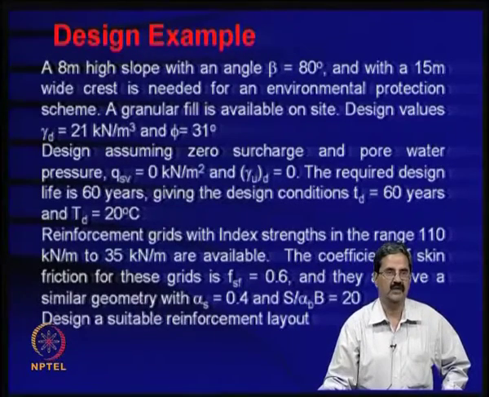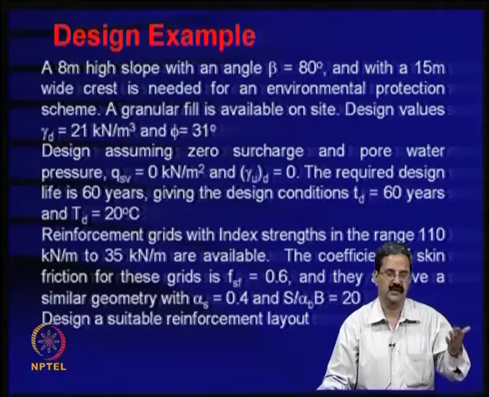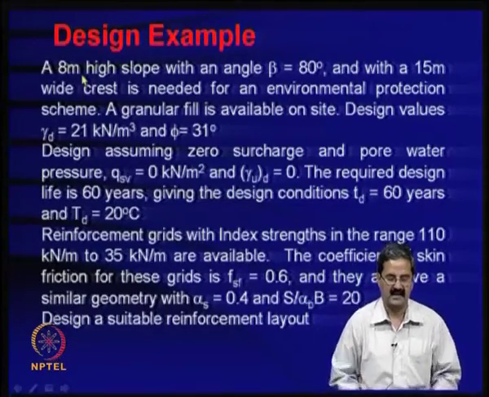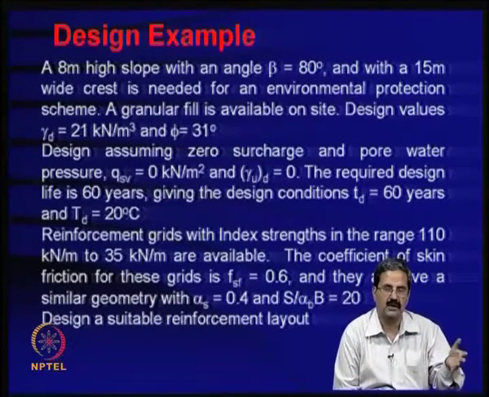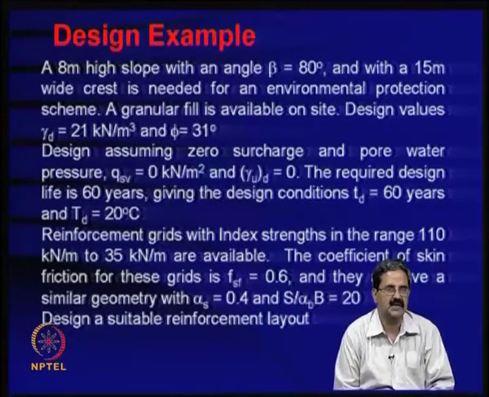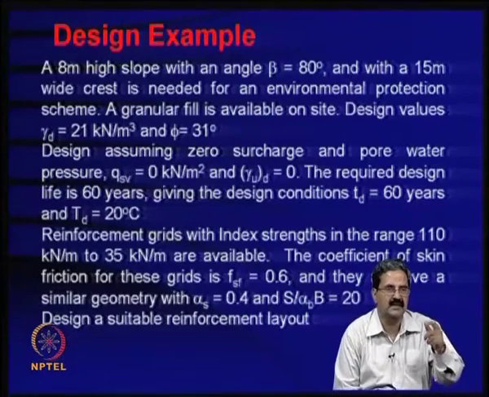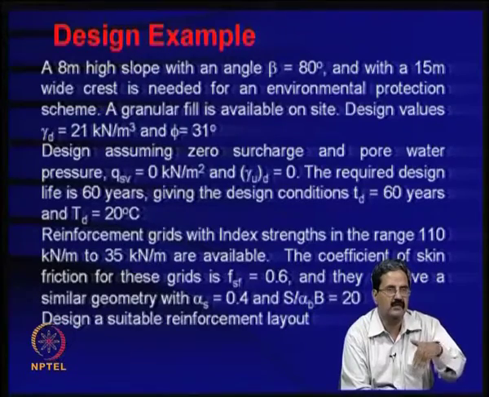You have a simple equation to say, for example, if there is some surcharge applied, you can convert into an equivalent height actually. So, if there is some 8 meters is what you have, suppose somebody says that I have a 20 kPa as a load, then the way that we get the equivalent height is that you have to get the equivalent height by considering that extra 20 kPa as load and also its unit weight of that soil.